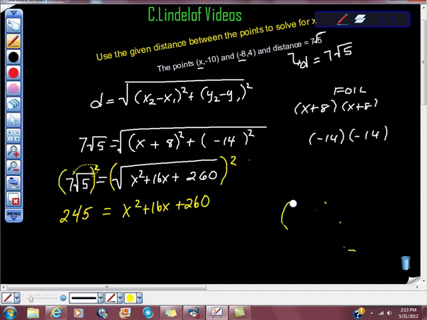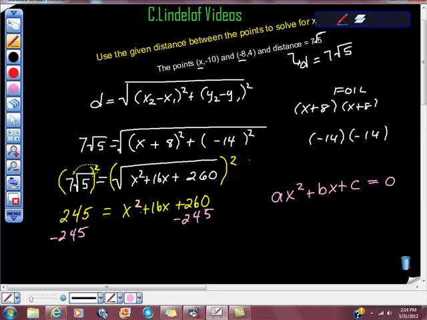So from here, this should get really easy. Matter of fact, we're almost done. We have to recognize that this is a quadratic. Recognizing this is a quadratic signals that we should put it in equals 0 form. So I'm going to subtract 245 from each side.